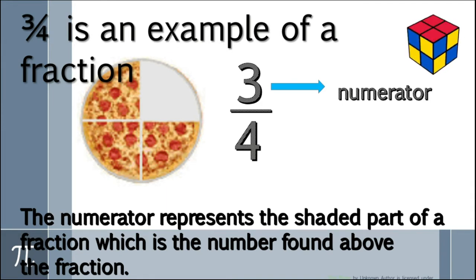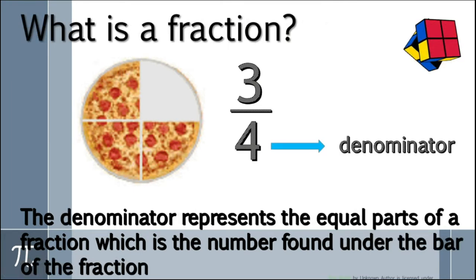So 3 here is your numerator. The denominator represents the equal parts of the fraction, which is the number found under the bar of the fraction. Here is your denominator.